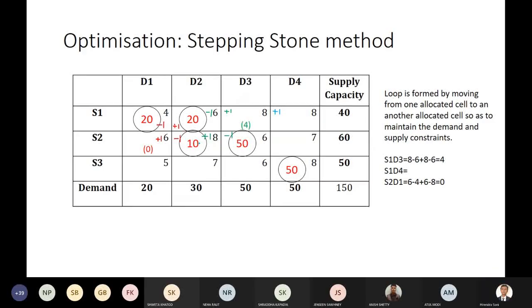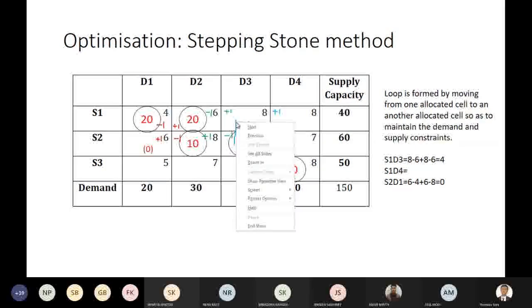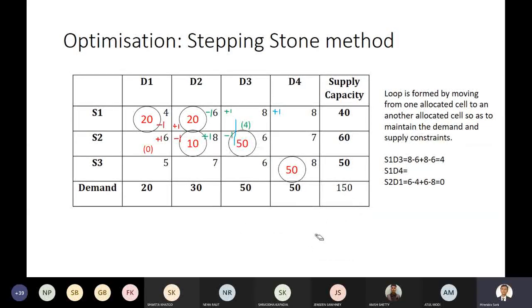Then not possible at this juncture, because after this I won't be able to go anywhere. Correct? Because I am not able to find any horizontal or vertical allocation from this cell. I can only just go back. So going back doesn't make any sense.